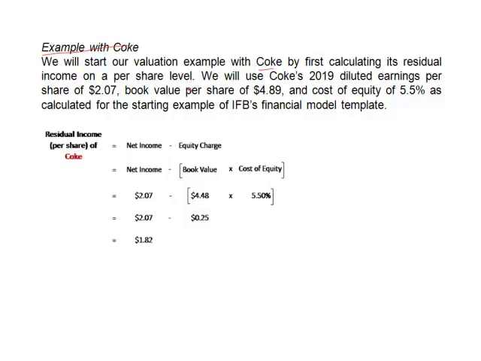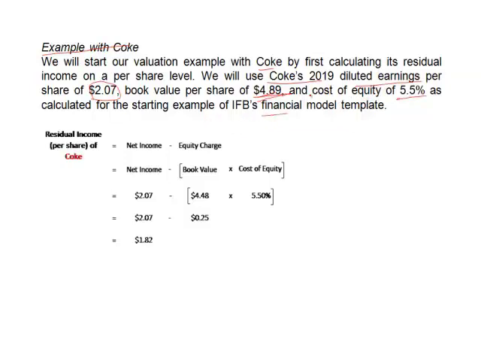There is certain financial information of Coke in 2019, and in this information we have diluted earnings per share of $2.07, and book value per share is what? Is 4.89, and the cost of equity is 5.5% as calculated for the financial model template.